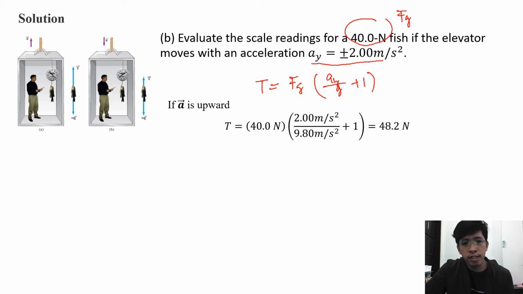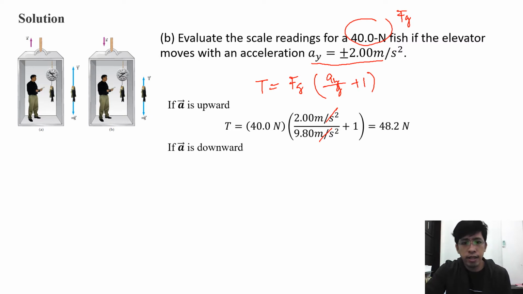So your tension is equal to 40 newtons times 2 meters per second squared divided by 9.8 meters per second squared. Your units just cancel out, plus 1, and you get a reading of 48.2 newtons. So as you can see, the fish here weighs 8.2 newtons more than its normal weight when the elevator is stationary.